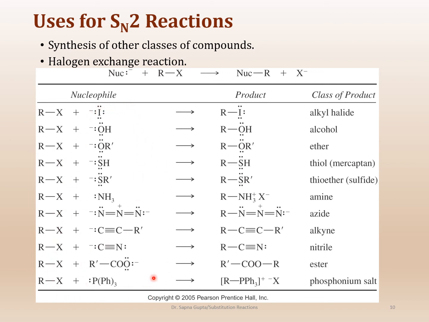Pretty much you can choose anything that is electron rich, and that will give you a product. So you can make any kind of product you want to make. It really opens up all sorts of doors for reactions, for products, for doing synthesis and whatnot. So they're highly functional reactions.